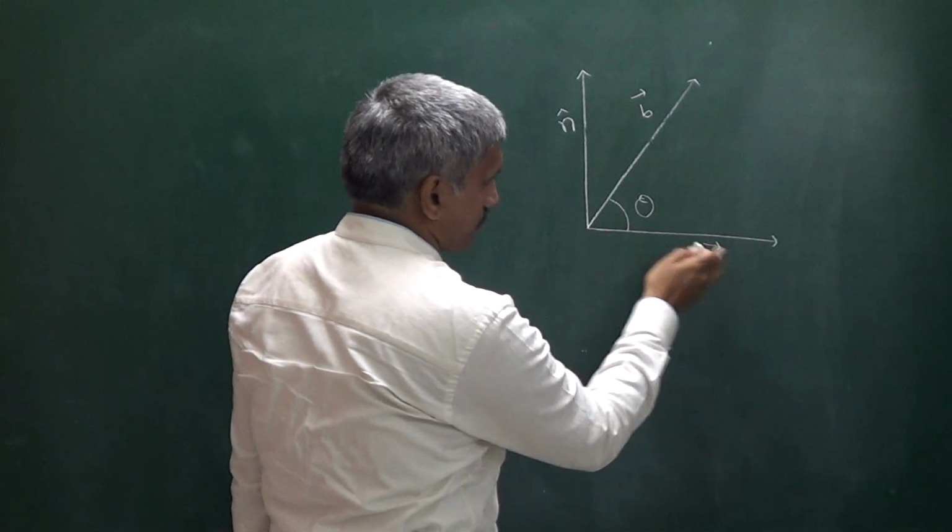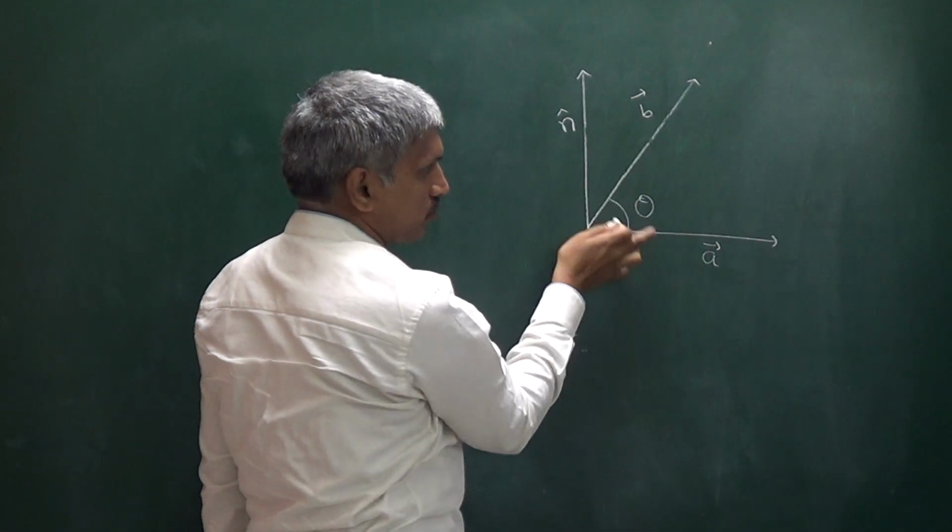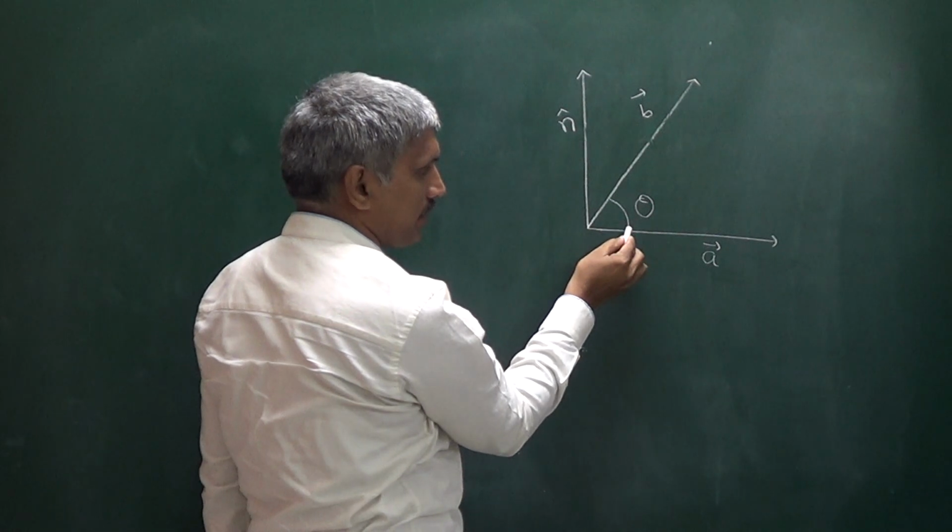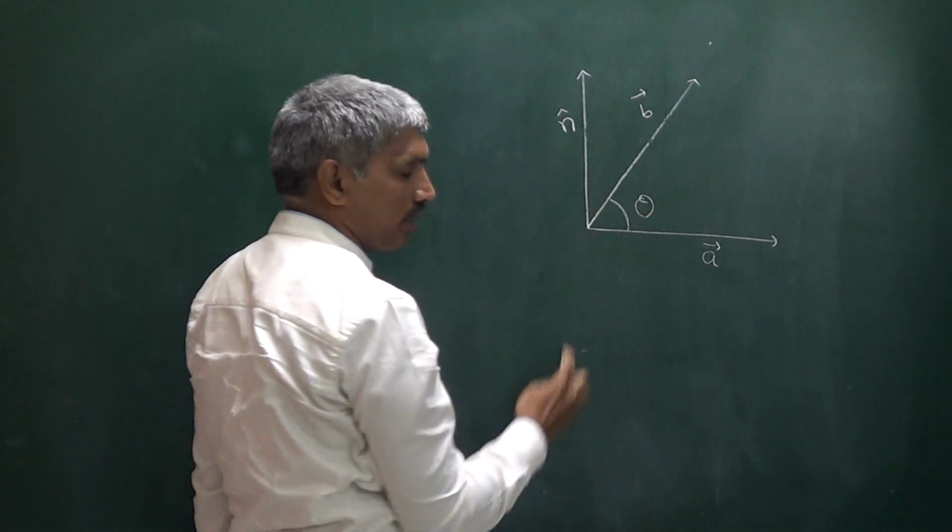A bar, B bar, these two are non-zero vectors inclined at an angle theta.